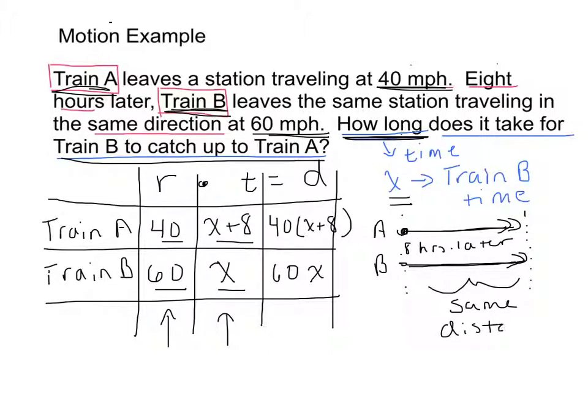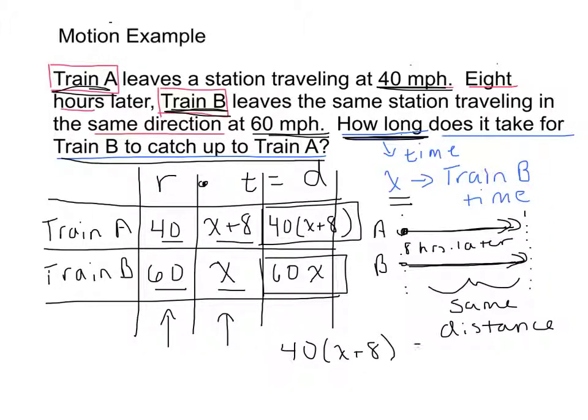So that information tells me what I can do to solve the equation. In order to write an equation here, I know that the distance of train A has to equal the distance for train B. And so my equation is 40 times (x plus 8) is equal to 60x.